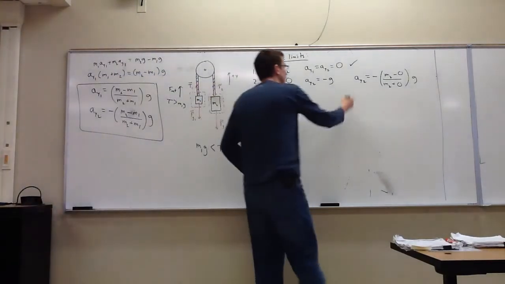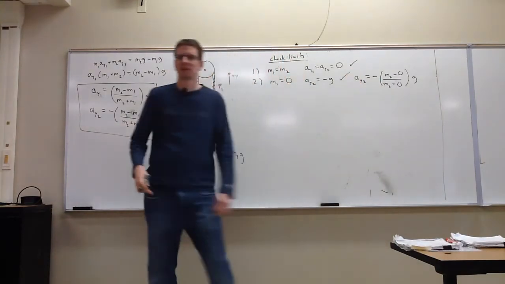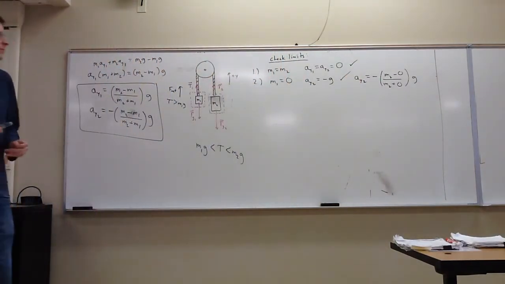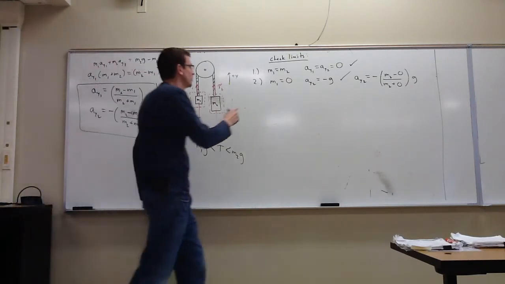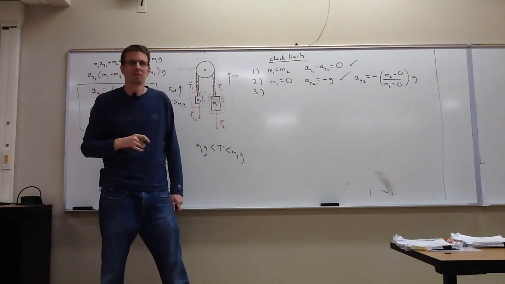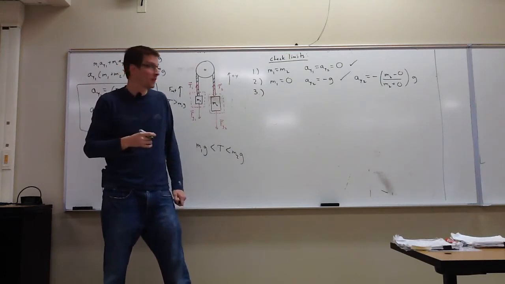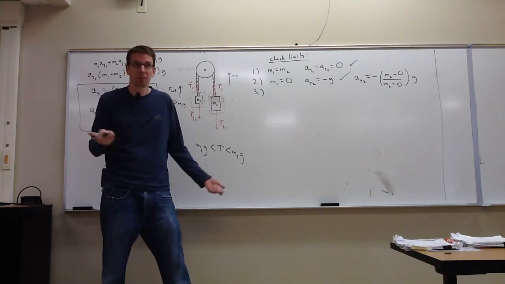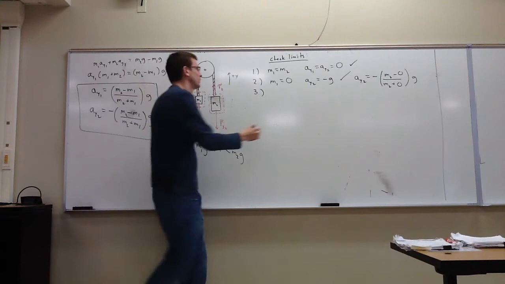So what do we get? Minus g. Check. Okay, it works out. What would be another pretty similar limit? Other than mass 1 being 0. Mass 2 being 0? Okay. Let's try that.